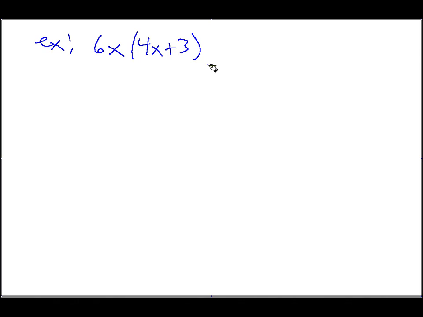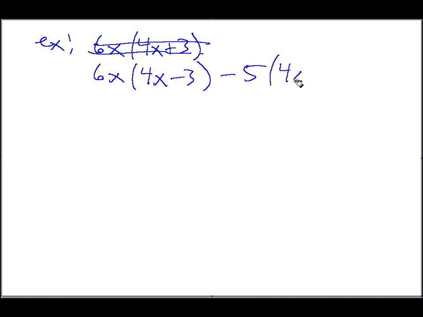Well, actually, let me scratch this problem. Let me change this problem a little bit. Let's factor this one. Factor 6x times (4x minus 3), and then minus 5 times (4x minus 3). Okay, let's factor that.